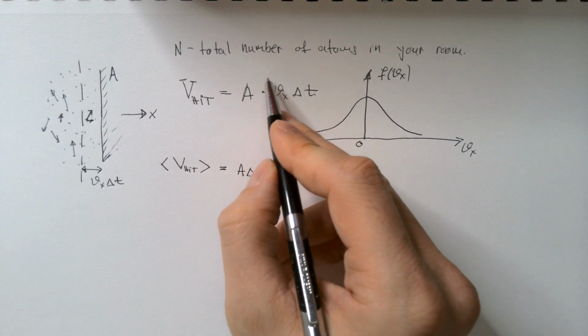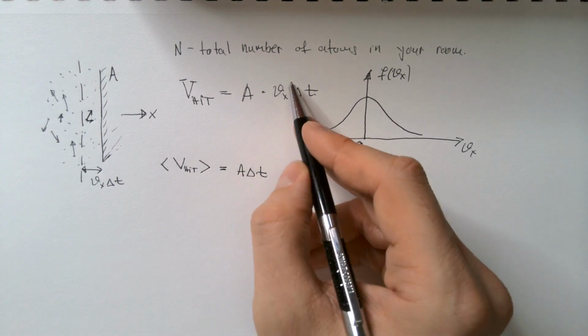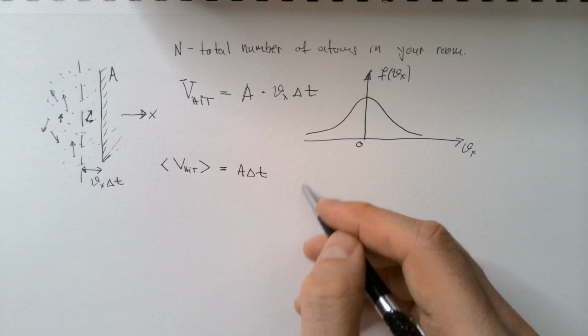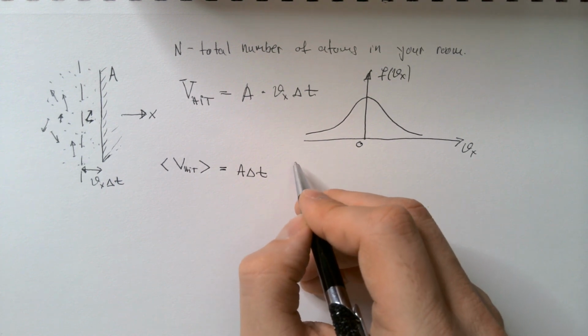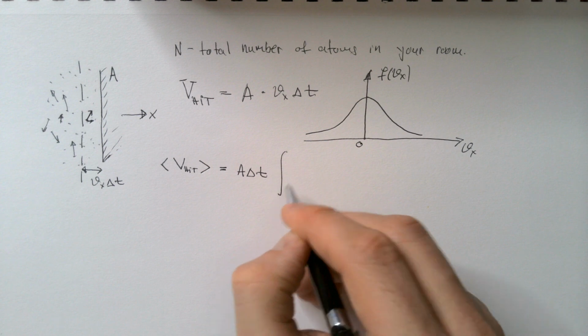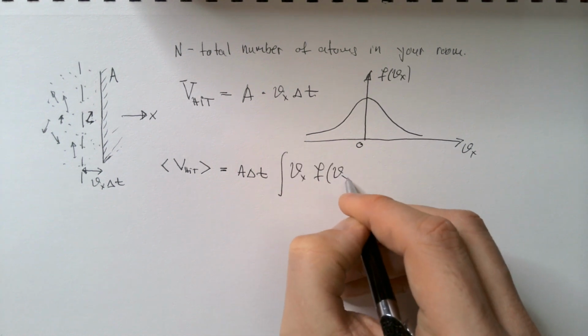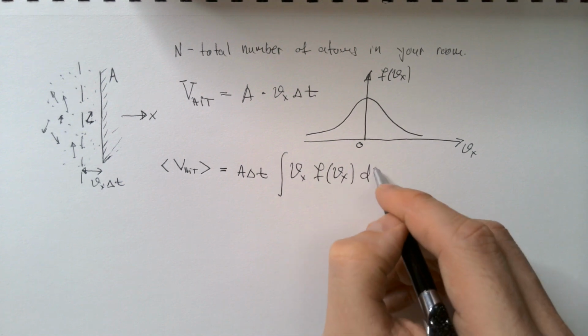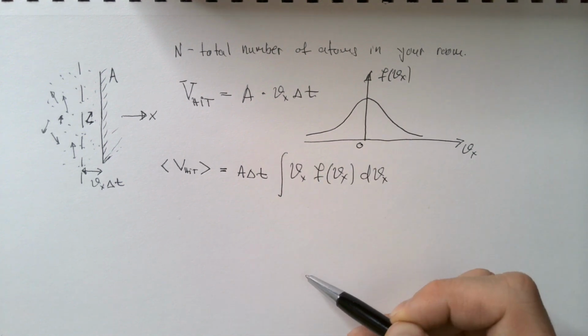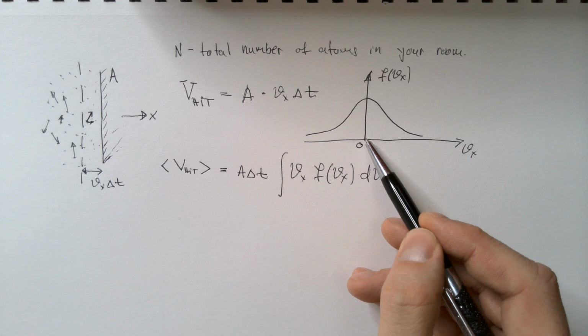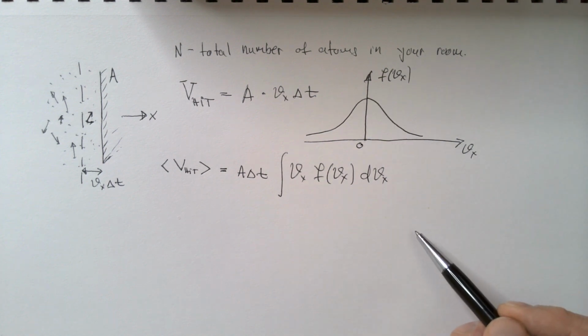To account for the distribution of speeds rather than one speed, we find the mean speed from this distribution, and that would be, of course, the integral of Vx f of Vx dVx. But we just said the most probable value is 0.